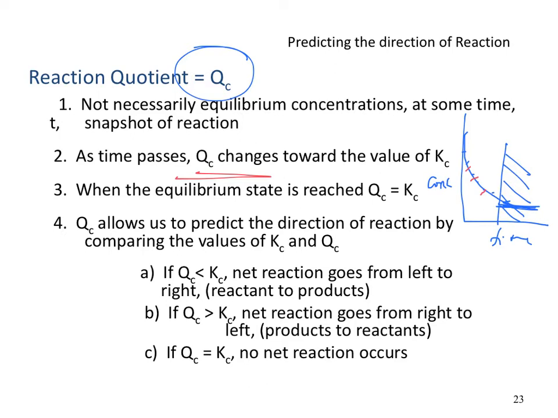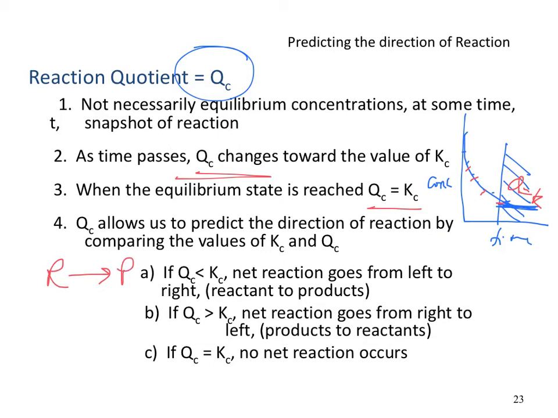And of course, once it hits the equilibrium, then Qc becomes equal to Kc. So what you can do is determine the reaction quotient at any given point of time. If that value is less than the equilibrium constant, you would say that the reactants still have an opportunity to go to the products. So it's moving in the forward direction.